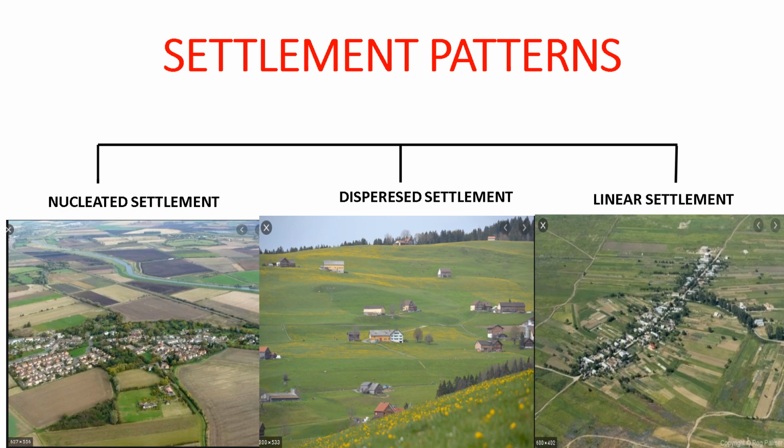In dispersed settlement, the main occupation can be cattle rearing, as each household has cattle and that is followed to graze in the open field, and also the land is not very fertile to support a big population. So the main occupation of the people will be animal rearing here. They live very far from each other and no metal roads are found in this area when we compare it with nucleated settlement. Now we come to the linear settlement.